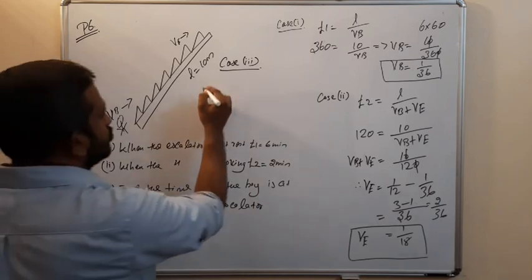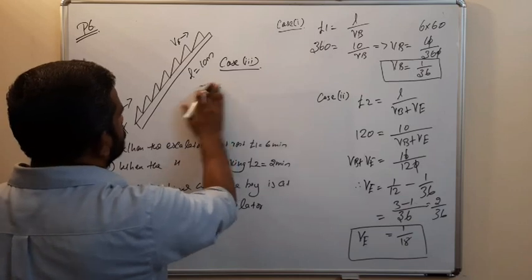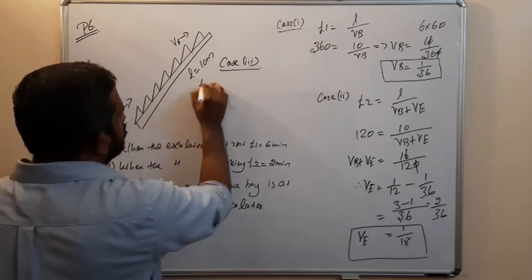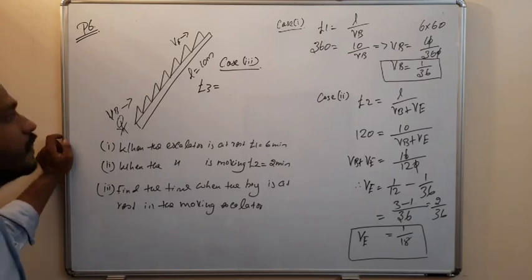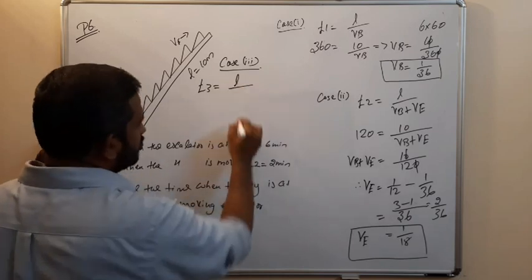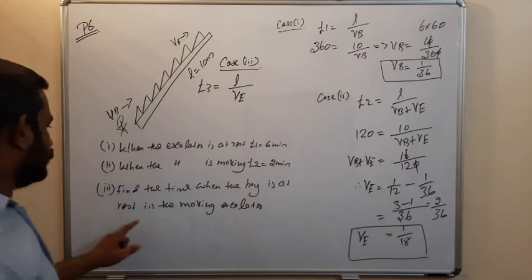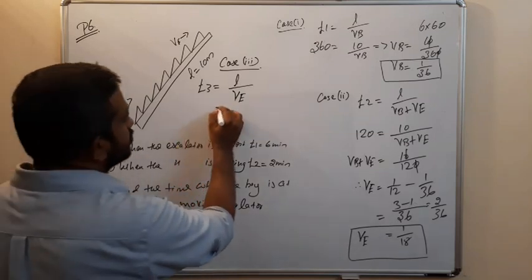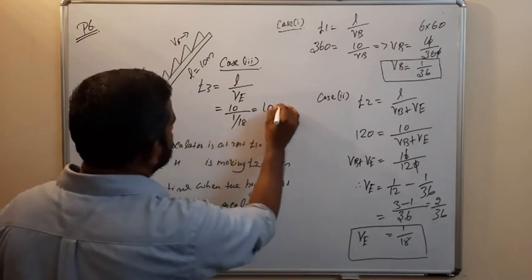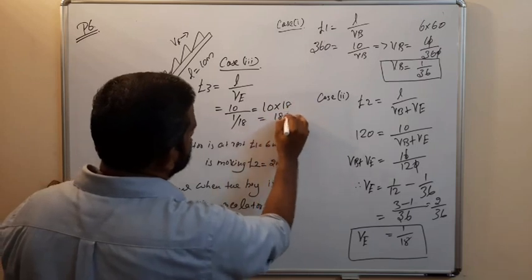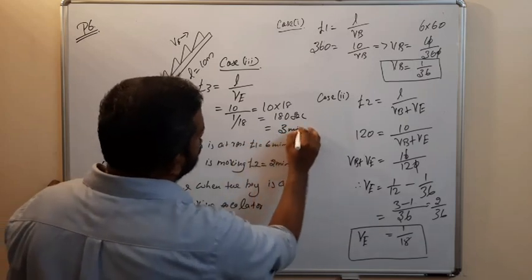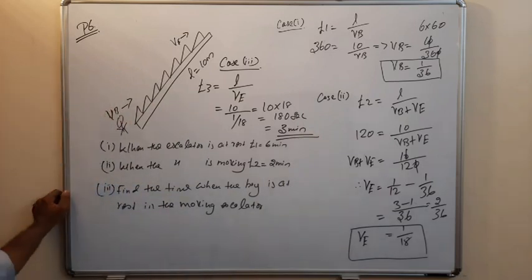So T3 is equal to L by V. The escalator is moving and the boy is at rest, so T3 is equal to L by V. That's equal to 10 divided by 1 by 18, that's equal to 10 into 18, that's equal to 180 seconds or 3 minutes. That is the answer.